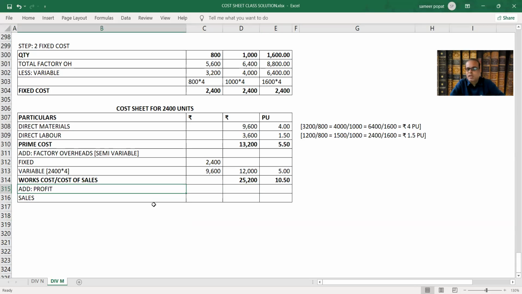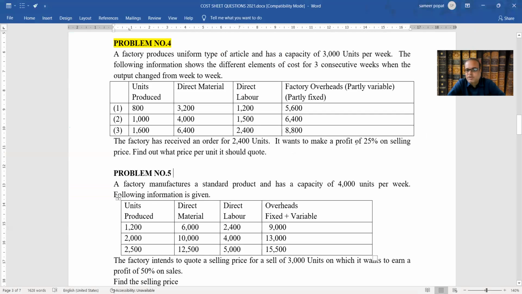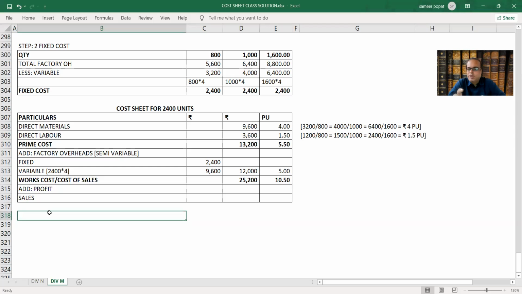Now see, generally in all the sums that we have done previously, sales was given. Now in this sum, this is the first sum where instead of sales, they are given the profit percentage. The profit is 25% on selling price. Now always read the profit percentage carefully.